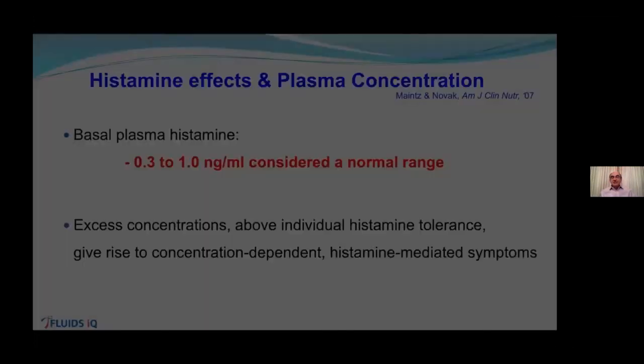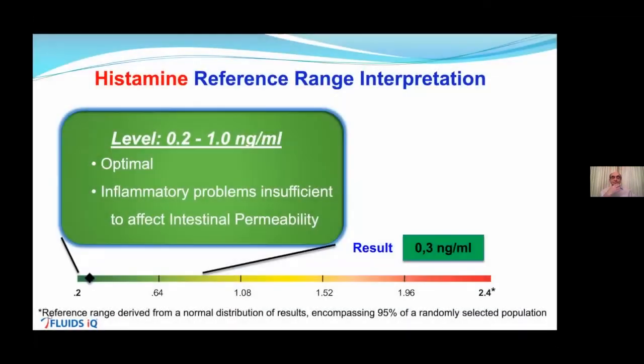Same thing with histamine and DAO. When the histamine levels are low, that is optimal. The inflammatory problems are insufficient to cause, due to histamine, any kind of intestinal permeability. So there is some inflammation, but it is quite localized.